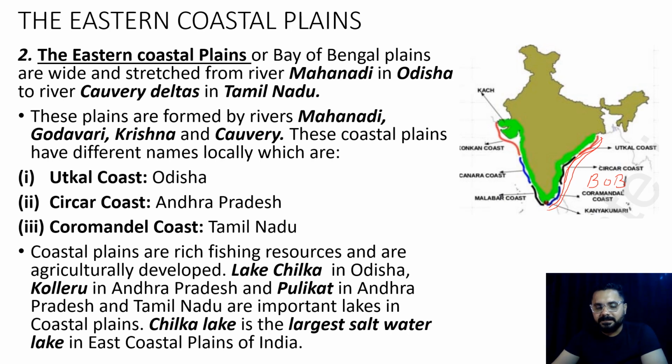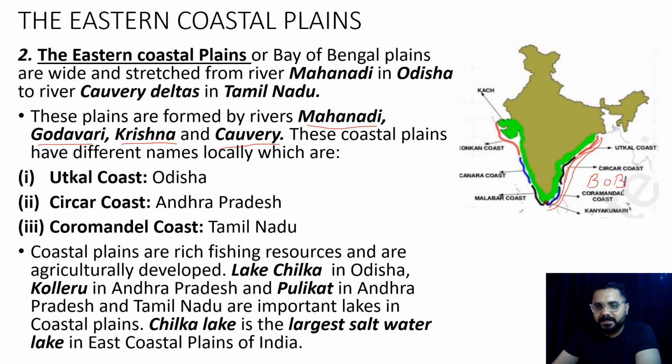Now in the eastern coastal plain there are a few rivers that flow and form this plain, and these are the rivers, as you can see: Mahanadi River, Godavari River, Krishna River, and Kaveri River. Because of these rivers, these plains are formed. Just the way the western coastal plain is classified into three types, the eastern coastal plain also has different names.